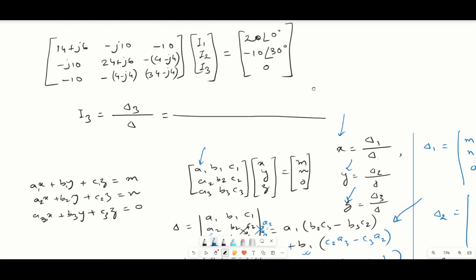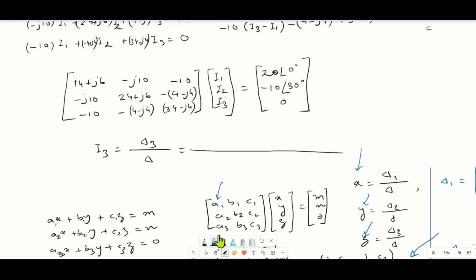So similarly, if we put it here, for delta 3 we change these values, and the remaining stay as they are.